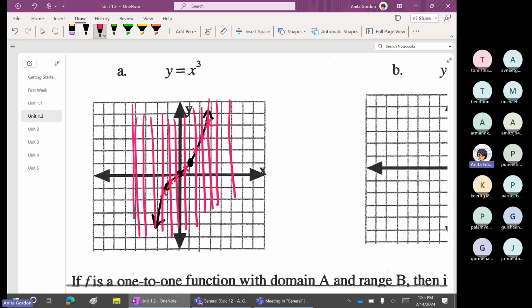This tells me that I have a function, because it passes the vertical line test. Check. All my pink lines only cross the black line one time.